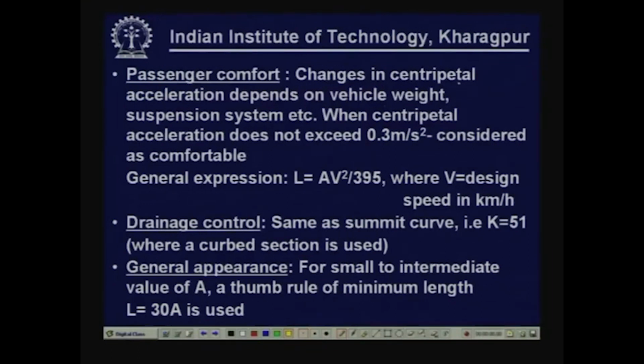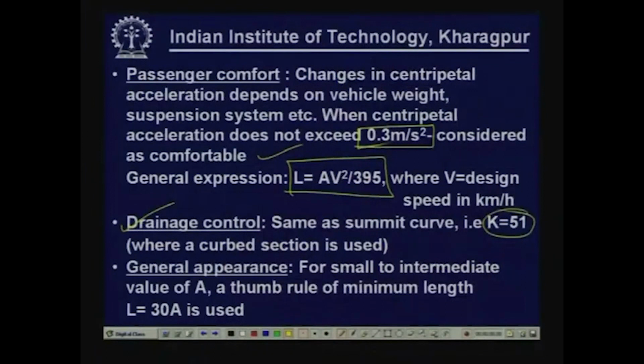Changes in centripetal acceleration depend on vehicle weight, suspension system, etc. And when centrifugal acceleration does not exceed 0.3 meter per second square, it is generally considered comfortable. So, according to that, if we take the general expression, then the length of the curve may be obtained like this. Similarly, for drainage control, this we have already discussed.